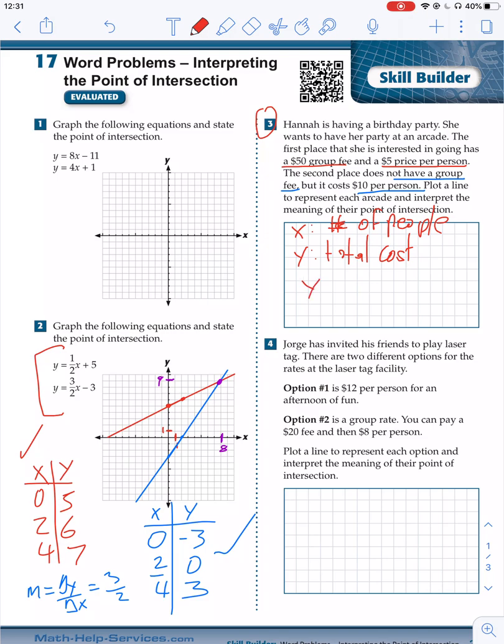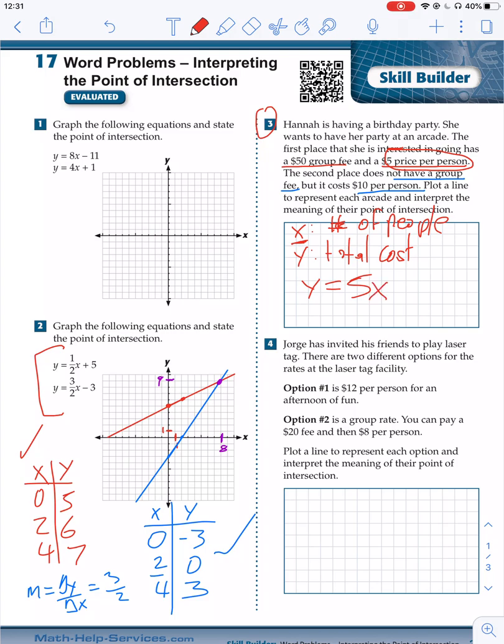Now, y in the case of the first arcade: each person that attends the party, Hannah has to pay $5. You don't know how many people will be attending, but there's going to be an x amount, so you multiply 5 by x. If one person attends, she pays $5.